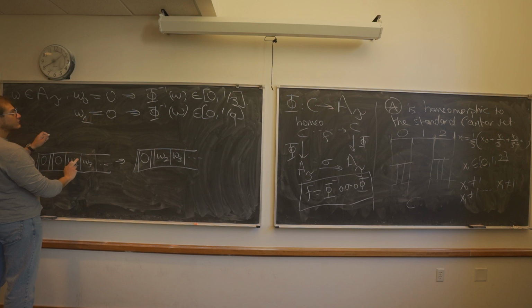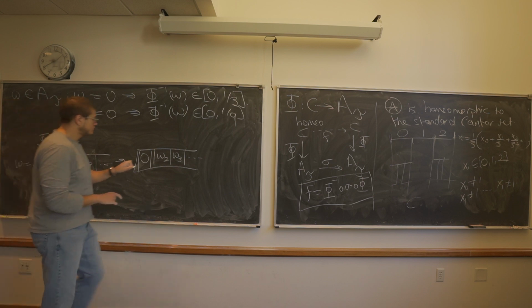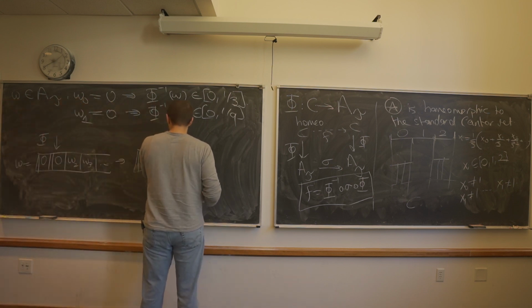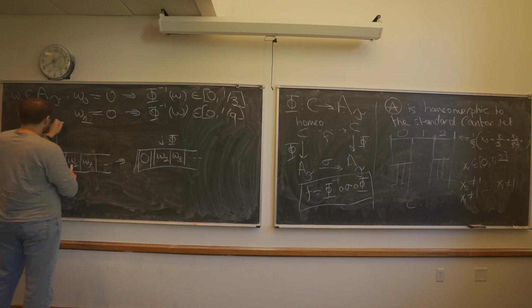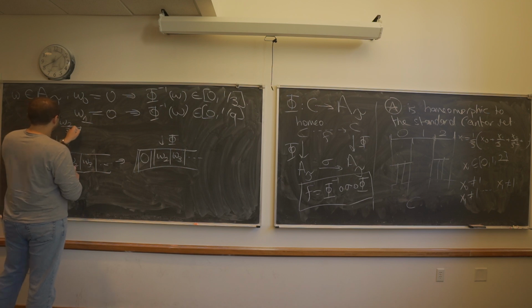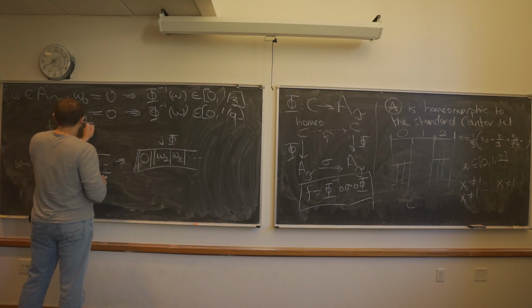So how can I write this? It's something like this, right? It's here. This is here. So this is x0, or omega 0 divided by 3, plus omega 1 divided by 3 squared, plus omega 2 divided by 3 cubed, and so on.